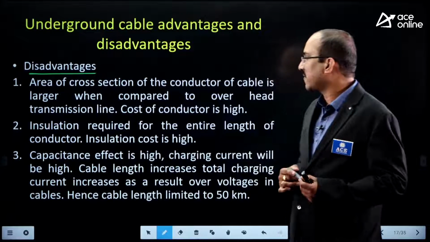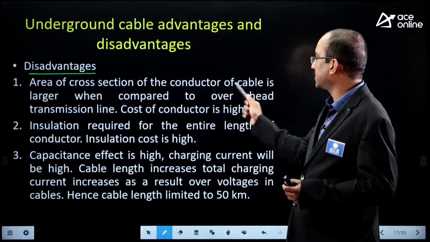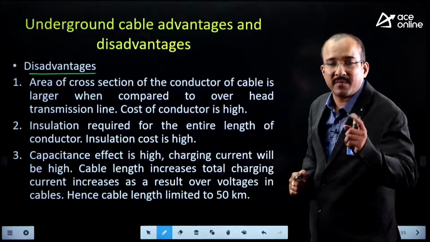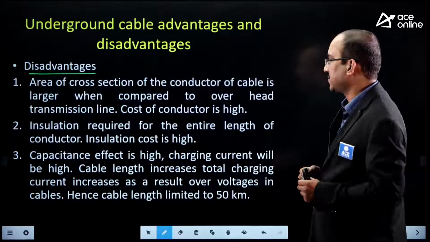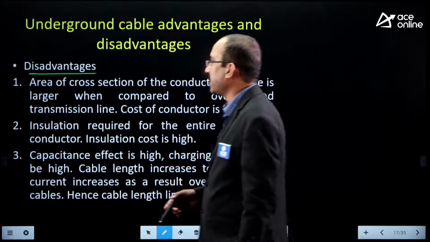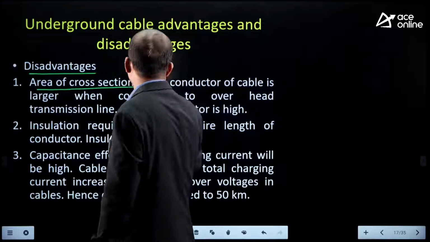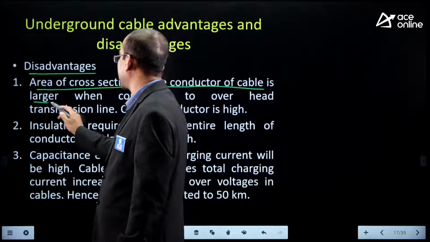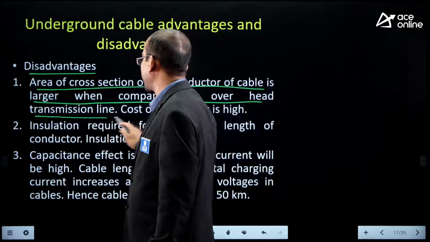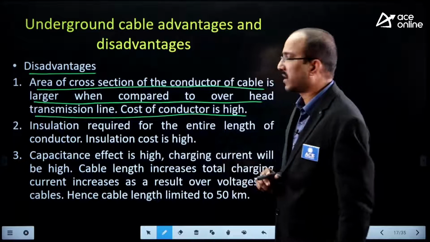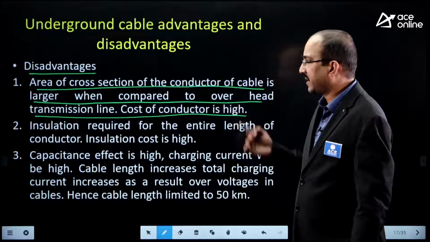So here the area of cross section of the conductor of cable will be larger when compared to what? Overhead transmission line. Okay, for the same power, if you compare, the area of cross section of the conductor will be larger in underground cable when compared to overhead transmission line.